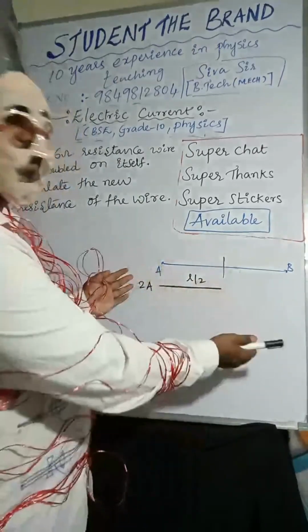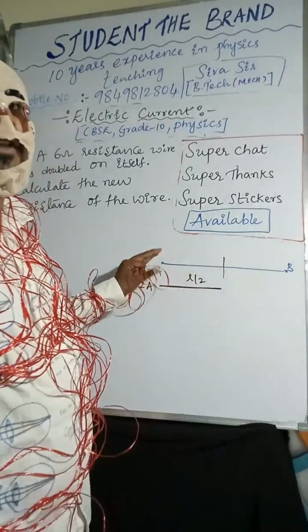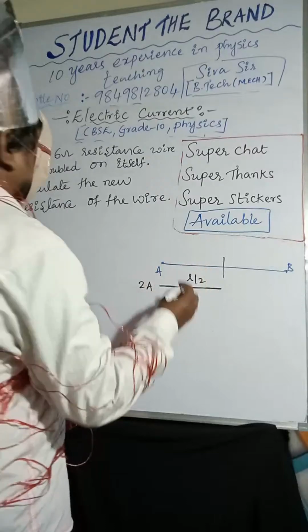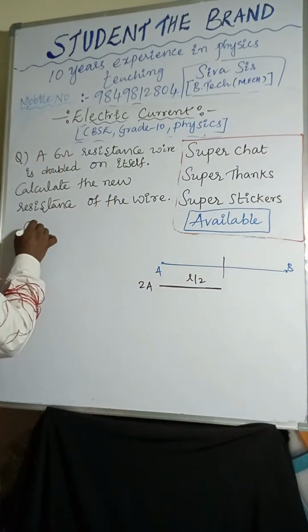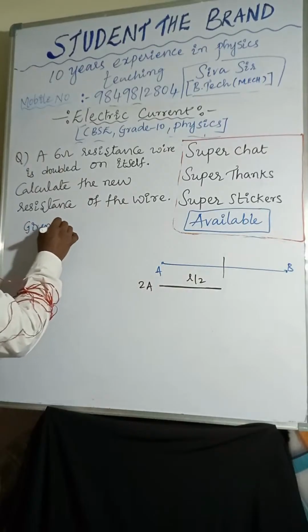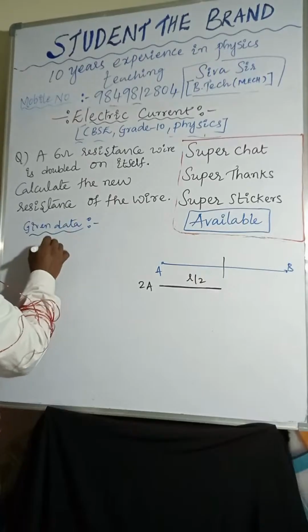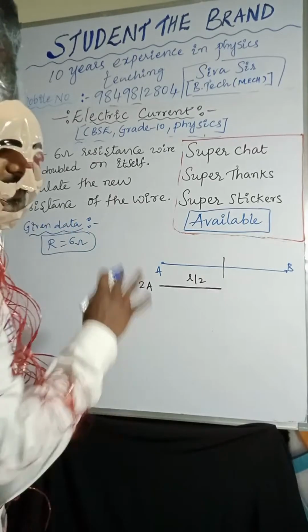So the length becomes half and the area of the cross section is doubled. Yes or no? Now we know the formula. The given data is the normal resistance: R equal to 6 ohm. Initial resistance is 6 ohm.